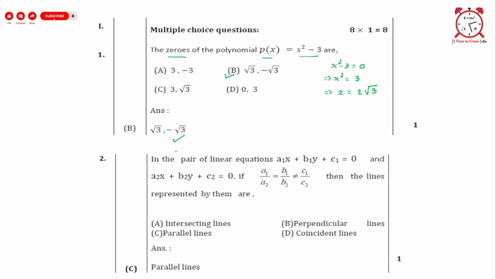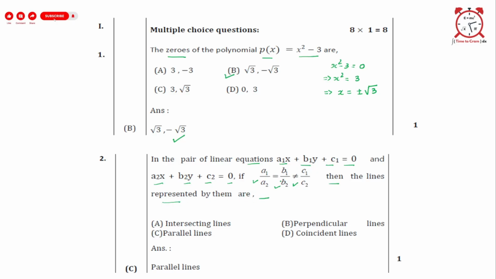Next question. In the pair of linear equations a1x plus b1y plus c1 equal to 0 and a2x plus b2y plus c2 equal to 0, if a1 upon a2 equal to b1 upon b2 is not equal to c1 upon c2, then the lines represented by them are dash.